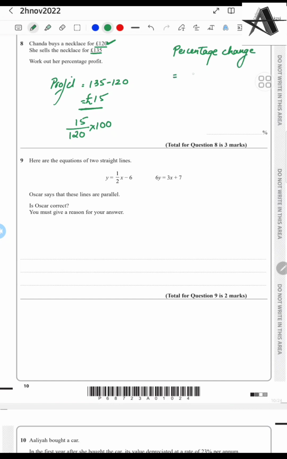This is final minus initial over initial into 100, and we have applied the same here as well. Final is 135 because that is what she sold it for. So 135 minus 120 over initial, that means what she purchased initially, which was 120. If you solve this, it comes out to be 12.5%.